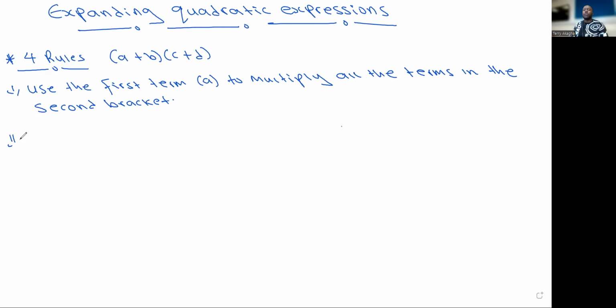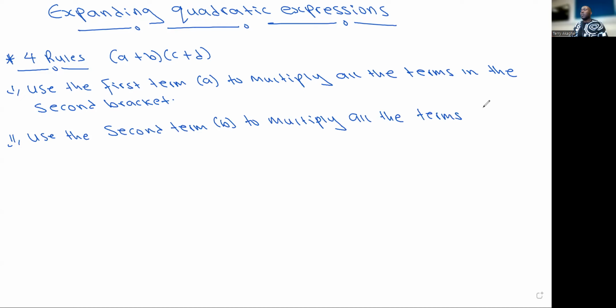Then when you're done, you use the second term, which is the B, to multiply all the terms in the second bracket. So basically, you're repeating the same thing you did in step 1.